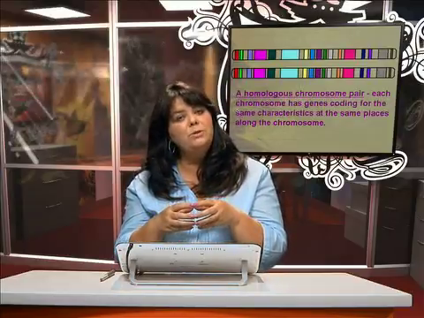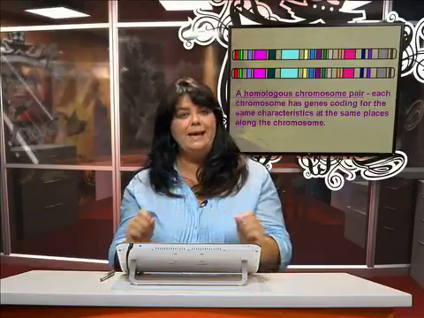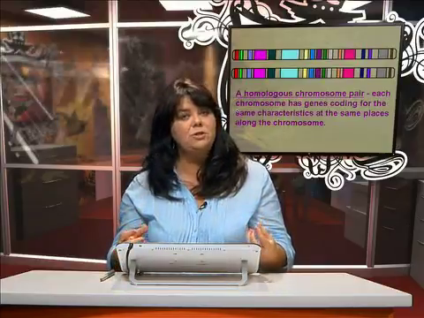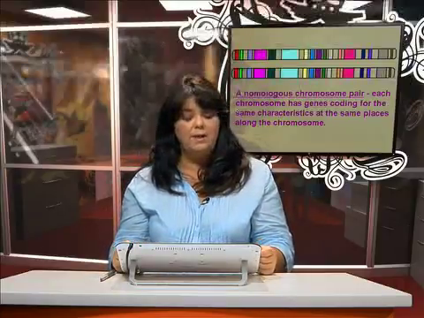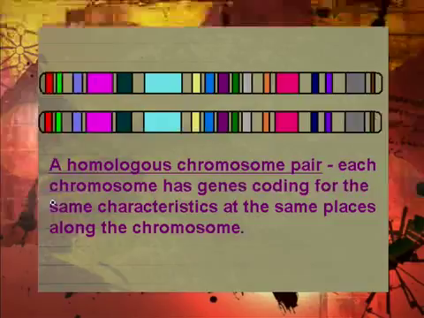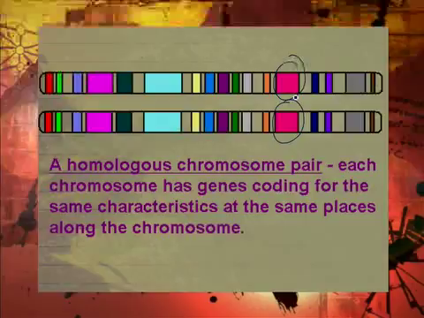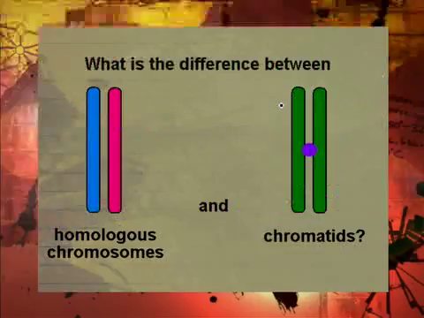And those chromosomes that are copies of each other, a copy of chromosome 1, a copy of chromosome 2, and so on, are called homologous chromosomes. And they each code for the identical protein. They code for the same gene at exactly the same place.